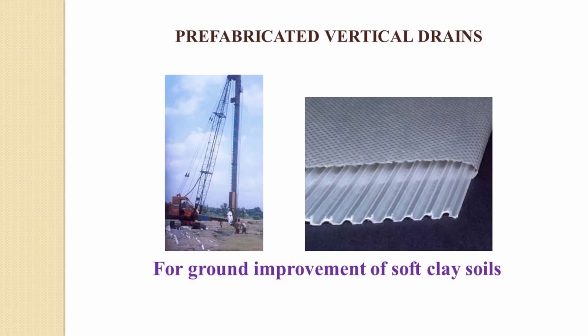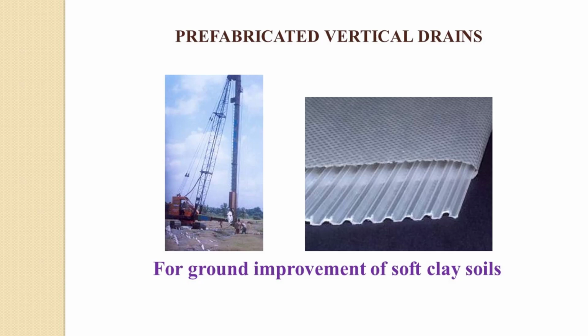What is ground improvement? I said that the soil, or the place where we are going to start the construction, is not suitable for the construction activities because of its poor quality and the type of structure that we are trying to build over this. So the ground has to be improved.